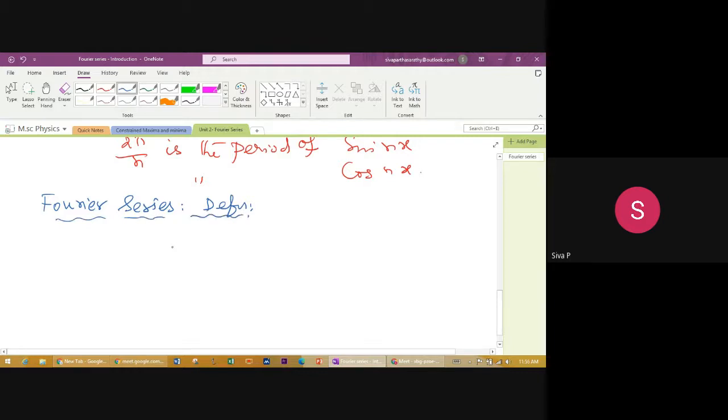Before we go to the Fourier series definition, what are the conditions for the Fourier expansion?